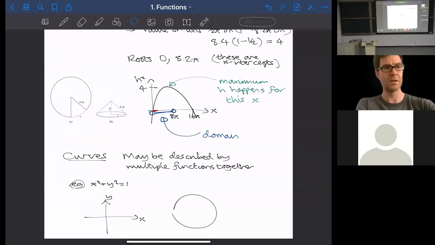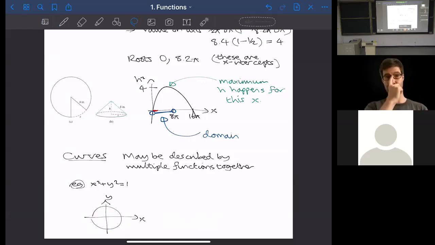Just makes a circle like this. So how can we describe that with functions? I'll start with that in 5 minutes. Okay.